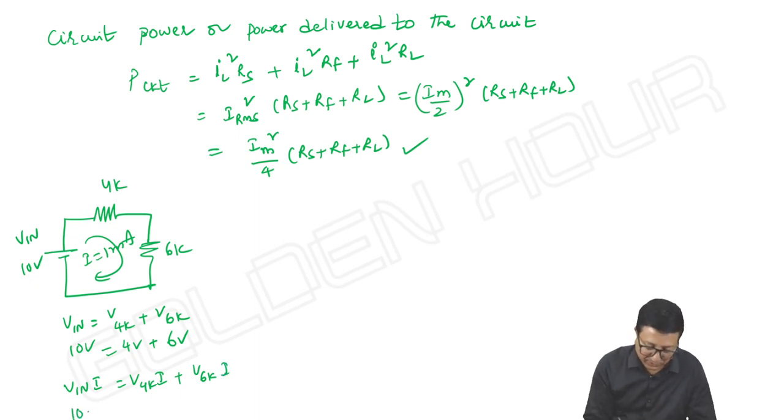It is 10 volts into 1 milliampere, it is 4 volts into 1 milliampere plus 6 volts into 1 milliampere. Means it is 10 milliwatts is the source power, and it is circuit power.